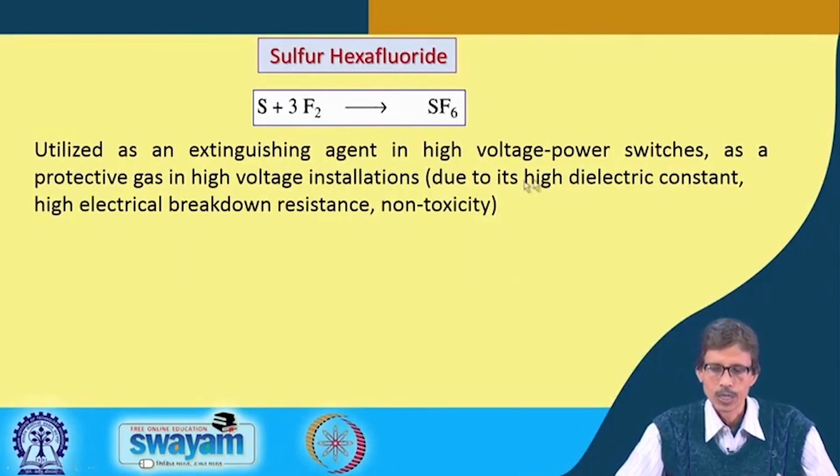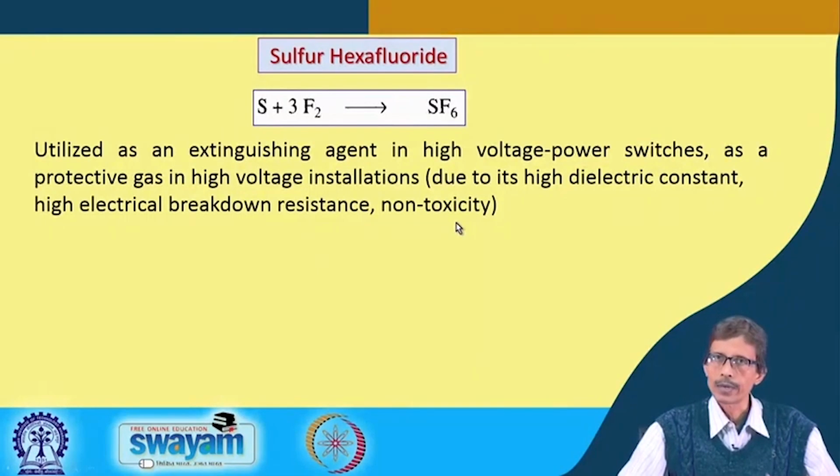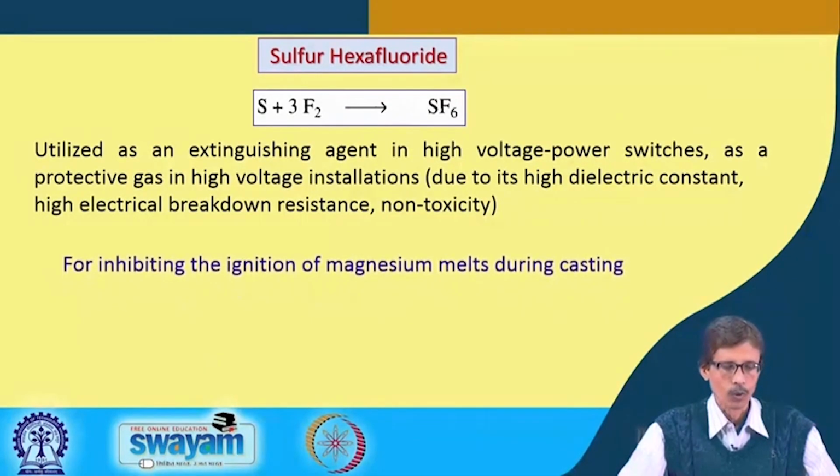It is also a protective gas in high voltage installations in transformers, due to its high dielectric constant. Based on its physical property of a high dielectric constant value it can be used, and its electrical breakdown resistance is also very high, and it is also non-toxic and not environmentally dangerous like other materials which we consider environmentally not useful.